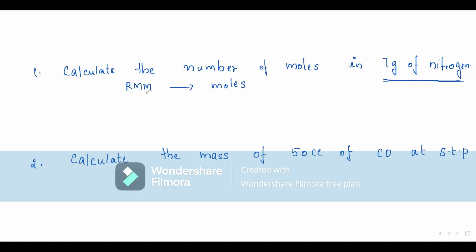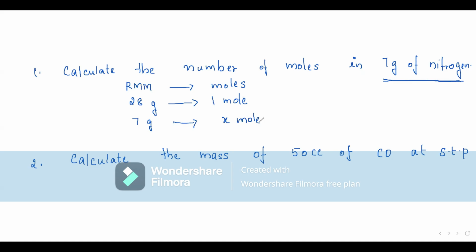What is the relative molecular mass of nitrogen? Nitrogen's relative molecular mass is 28. So 28 grams of nitrogen is called 1 mole of nitrogen. Therefore, 7 grams of nitrogen will be called X moles of nitrogen.